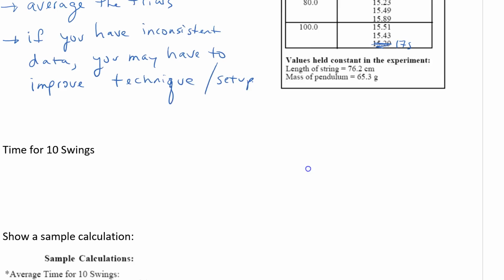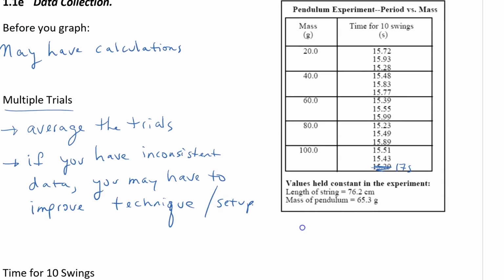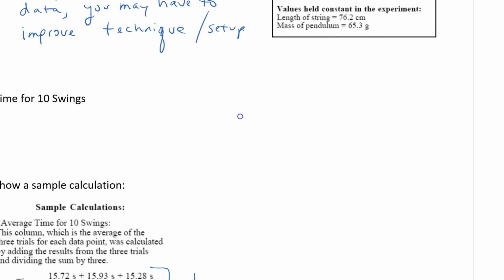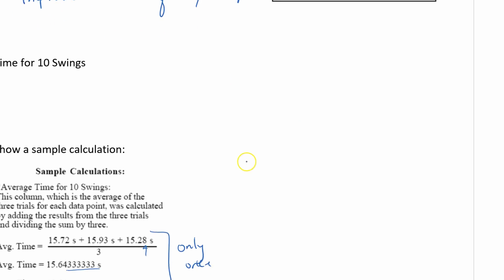The other piece that's being done here is that when they calculated the period, you'll notice they did the time for 10 swings. Some of you might have opted for 5 and some might have opted for 10. So you should also do that sample calculation as well.